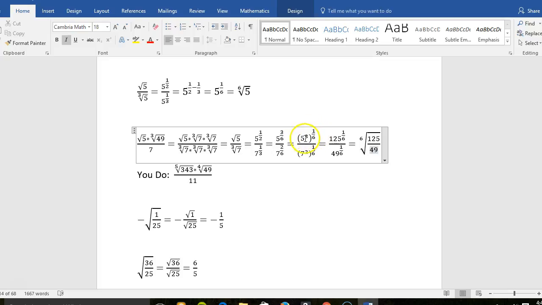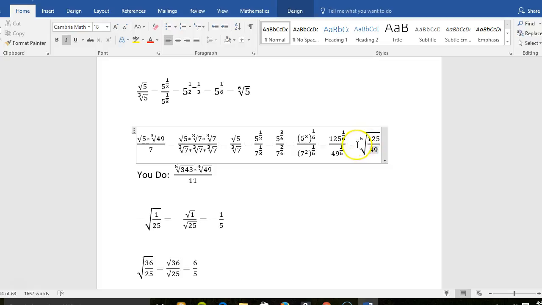I'm fragmenting this as 5 cubed to the 1/6 power, and I'm fragmenting this guy as 7 squared to the 1/6 power. So 5 cubed is 125, so it's 125 to the 1/6 power, and 7 squared is 49. So we got 49 to the 1/6 power. Now, what was the point of all that?